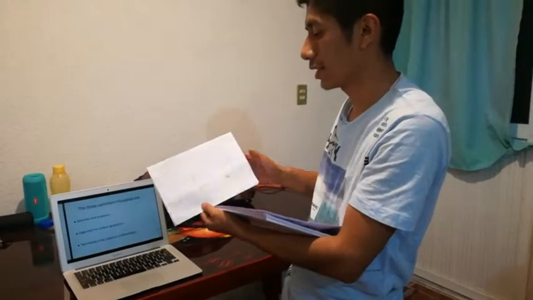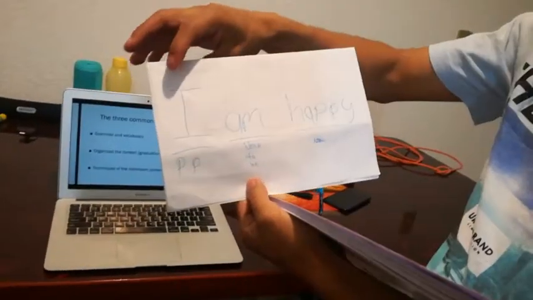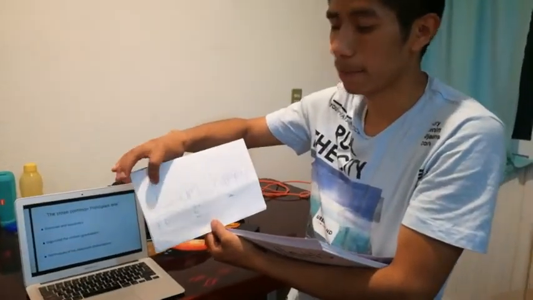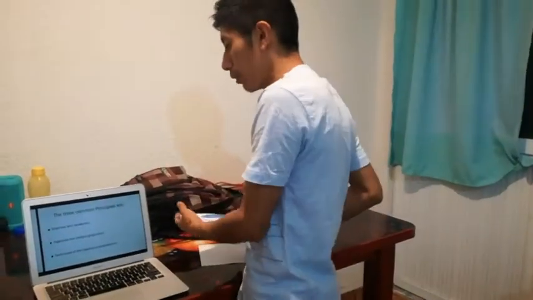In this case, I am happy. It says that it depends on the tense. For example, in this case it is personal pronoun plus verb to be plus, in this case, a feeling or emotion complement. But it depends. So this is the grammar and vocabulary.